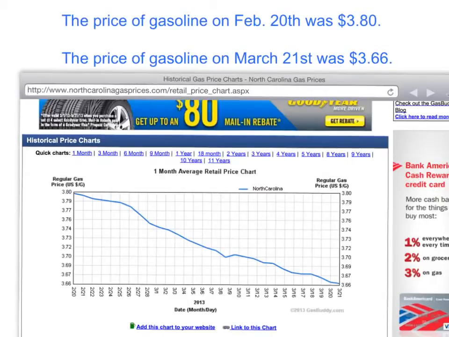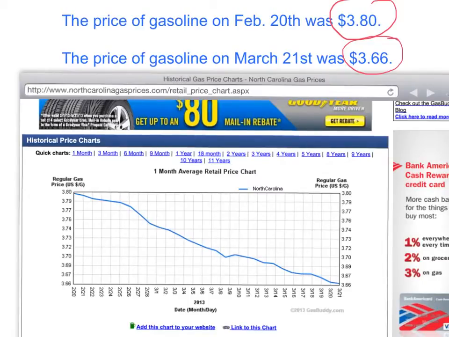For example, the price of gasoline on February the 20th was $3.80. However, the price of gasoline on March the 21st was $3.66.